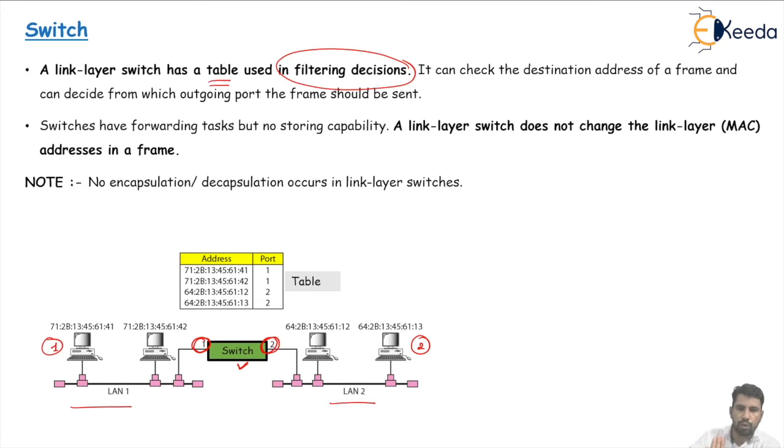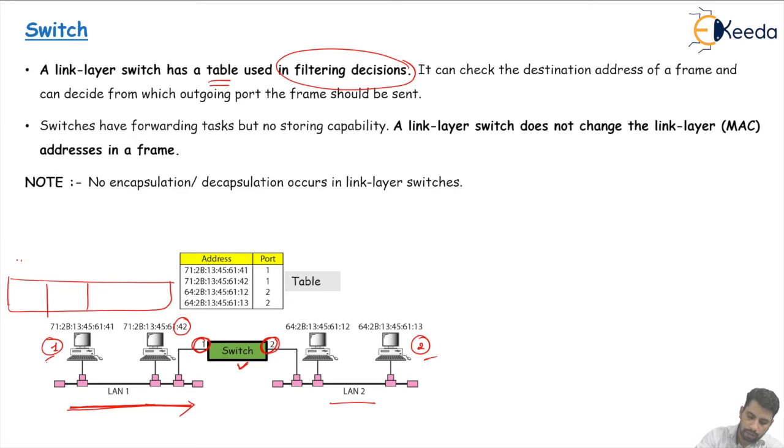We want to deliver a frame from this machine to this particular machine. This LAN number 1 device will make a frame. This frame will contain the destination address as well as the source physical address.